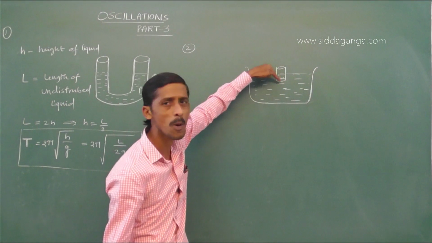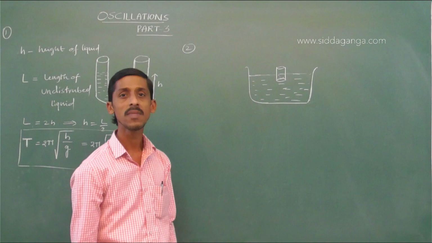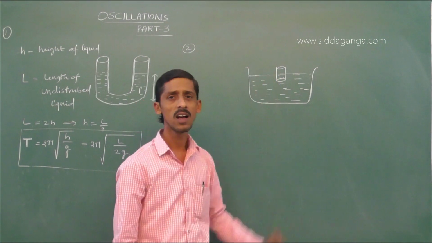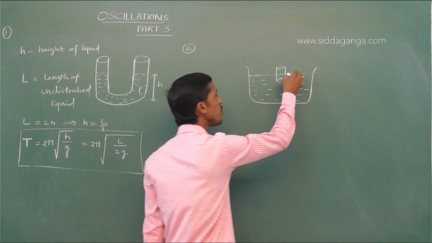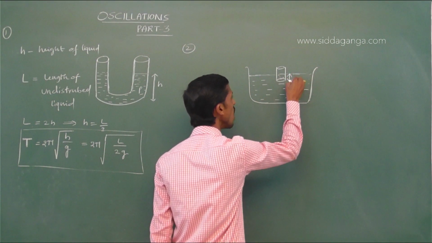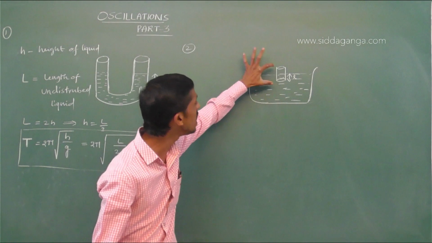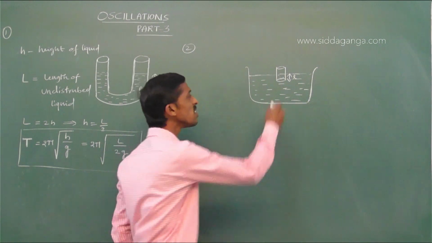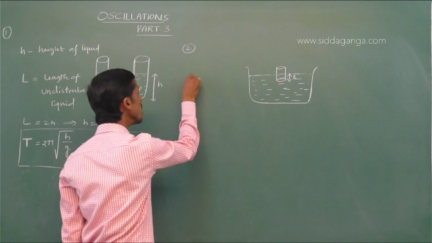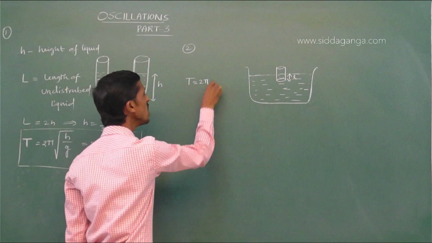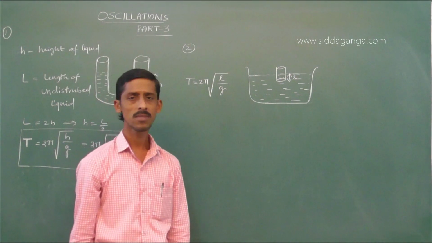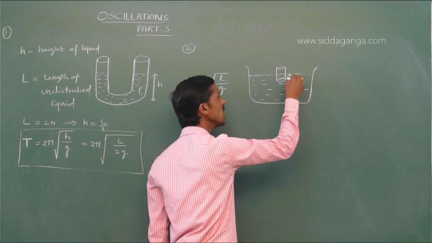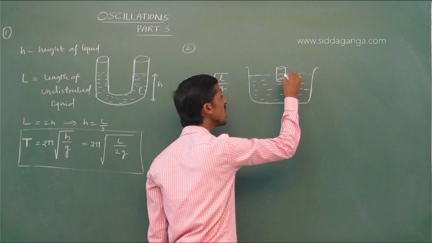When you press the object and release, then that object will execute simple harmonic motion. If the length of the cylinder inside the liquid is L, then the time period of oscillation T is equal to 2π root of L by g. L is the length of the cylinder which is lying inside the liquid.